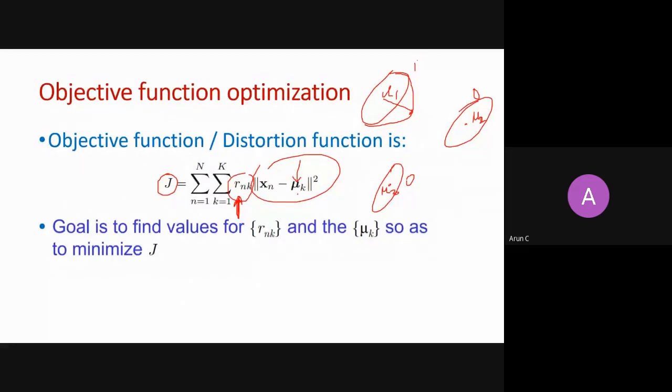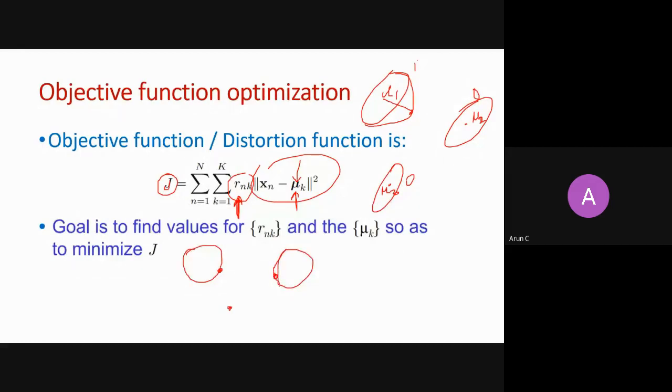Then you said, okay, now let's minimize J on this parameter mu k. So now the scenario is this. Let's say you started with these 3 points, mu1, mu2, mu3, and this is your cluster 1. This is your cluster 2.